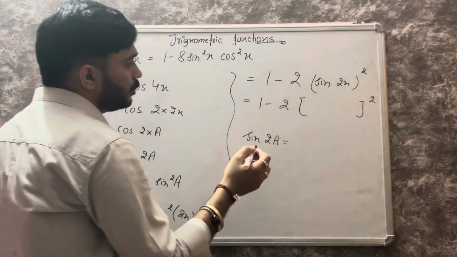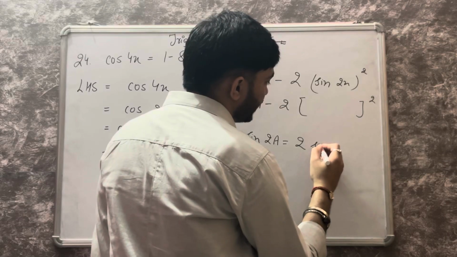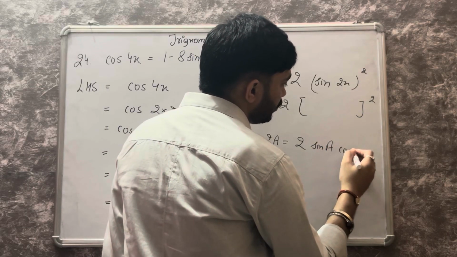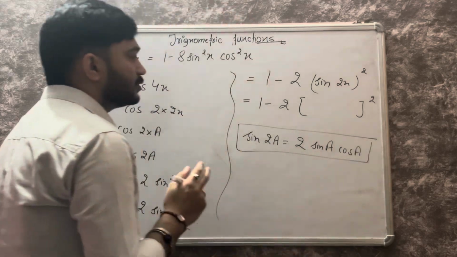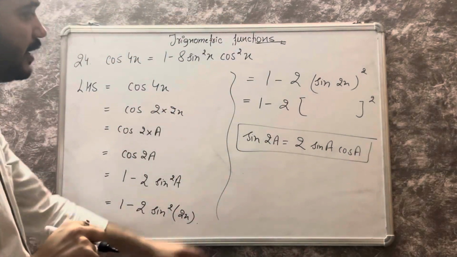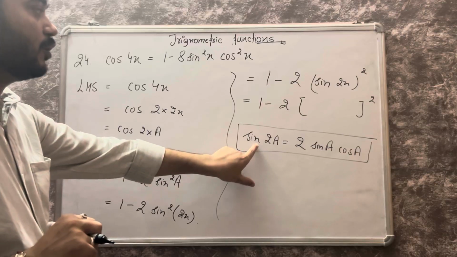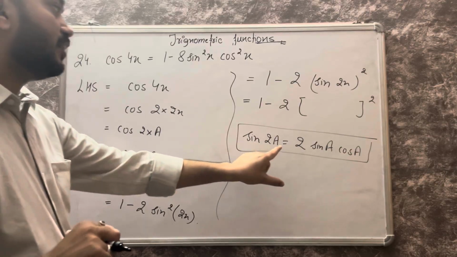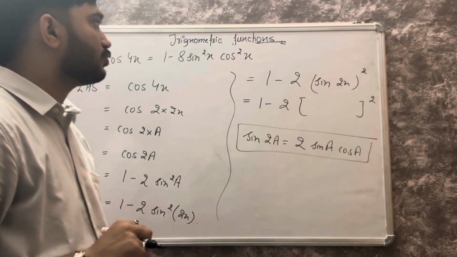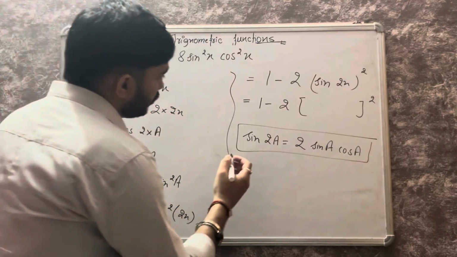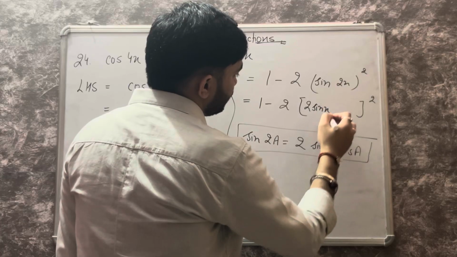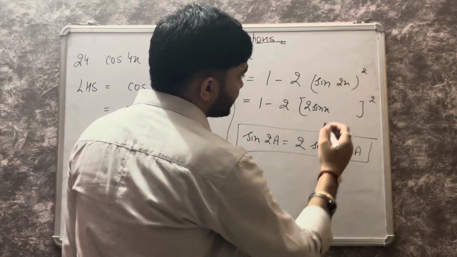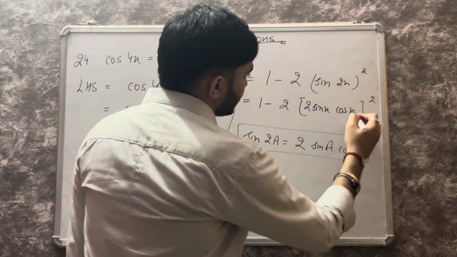The formula of sine 2a is 2 sine a into cos a. Sine of 2a has 2 or 3 formulas, and we are going to use the last formula, that is sine 2a is equal to 2 sine a into cos a. So we will write this here: 2 sine x, because a here is x, cos x.